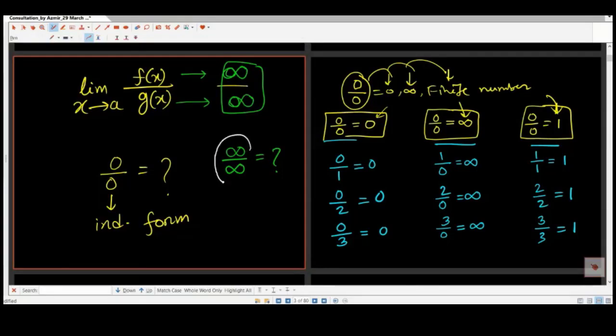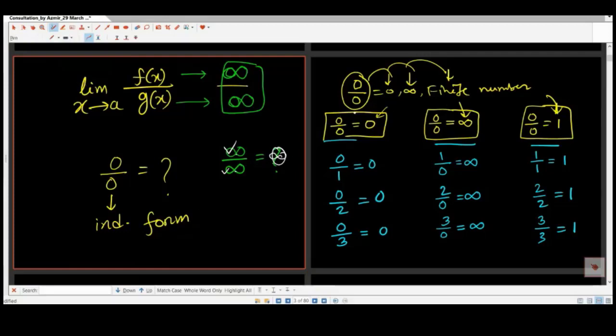There is a struggle between the numerator and denominator. If the numerator wins, the result may be infinity. If the denominator wins, the result will be 0. Or sometimes there will be a compromise between numerator and denominator, then the result will be a finite number.